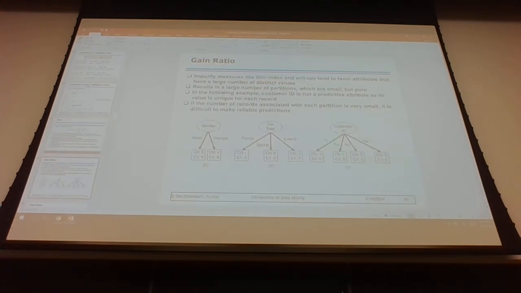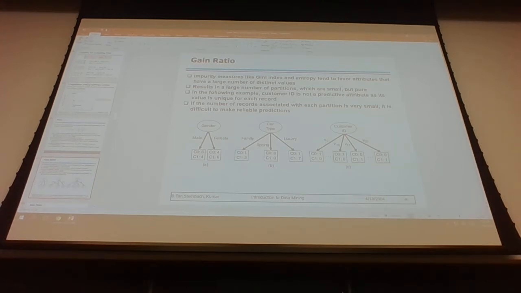Now the important thing that we talked about is that the gain actually cannot identify how many splits there are.